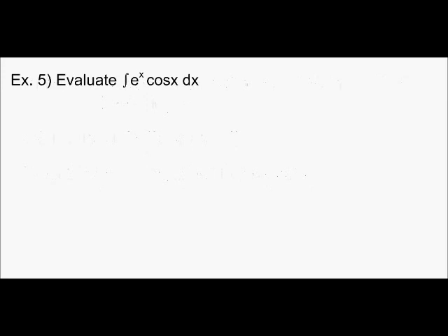Example 5. So we're going to evaluate the integral of e to the x cosine x dx. And we're still using integration by parts, so we still need to identify our u. Remember in part 1, we looked at LIATE, which tells you which part of this you should identify as your u.